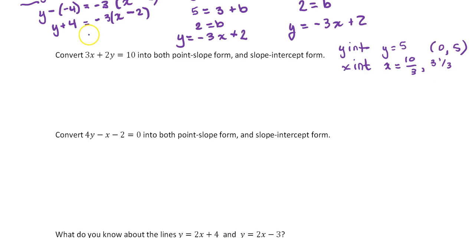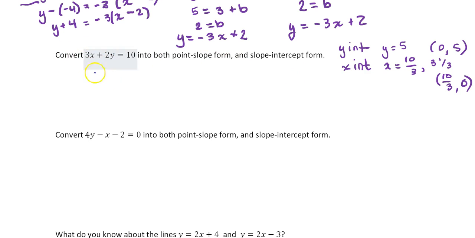So here I have the point 10 over 3 and 0. All right, so now I've got my y-intercept. I'm actually going to go ahead and use this for my point slope. Okay, for the point slope, I need to also find my slope on this guy.